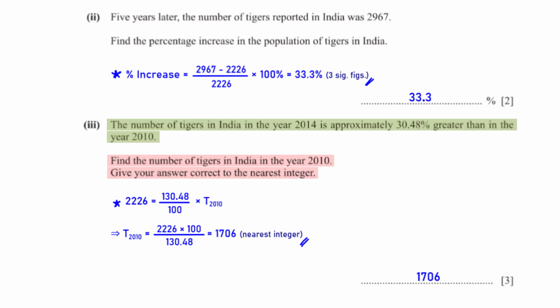The number of tigers in 2014, which was 2,226, is equal to 100 plus 30.48%, which is 130.48% of the number of tigers in 2010. When we make the number of tigers in 2010 the subject, this is what we have. When we type this into the calculator, we get 1,706 rounded to the nearest integer.